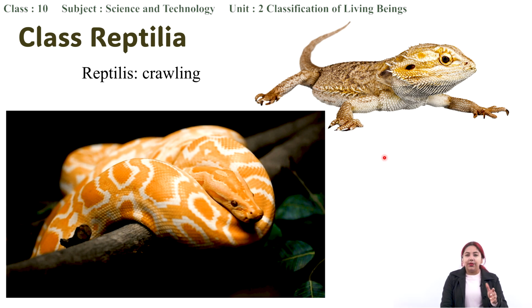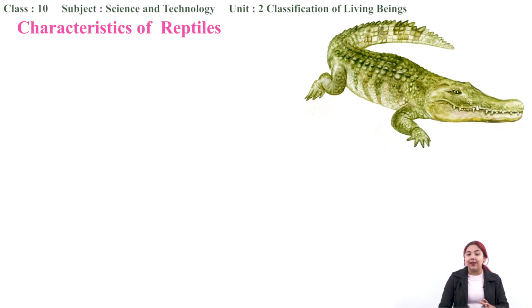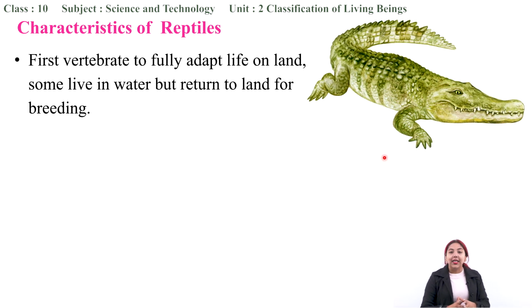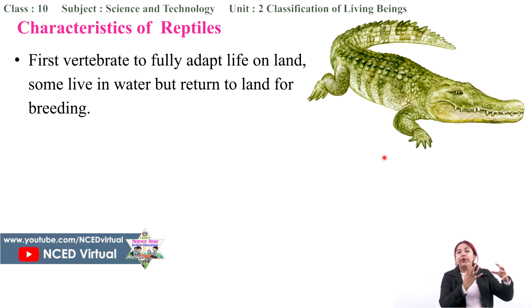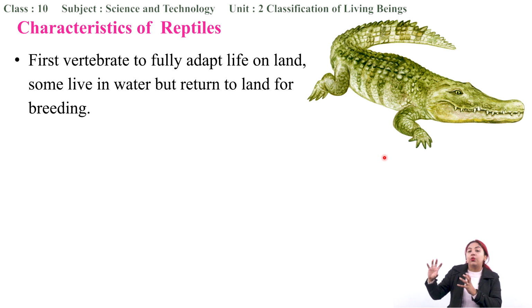Now let us study certain characteristics of these organisms. The first characteristic is that it is the first vertebrate to fully adapt to life on land. The amphibians were the first vertebrates to go to the land, but they could not fully adapt to terrestrial life. But reptiles are the first vertebrates to fully adapt to life on land.